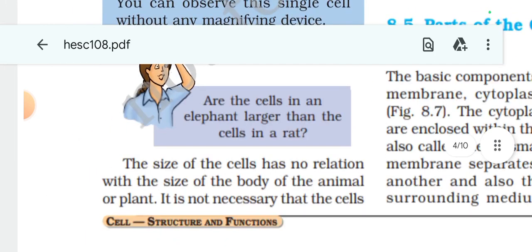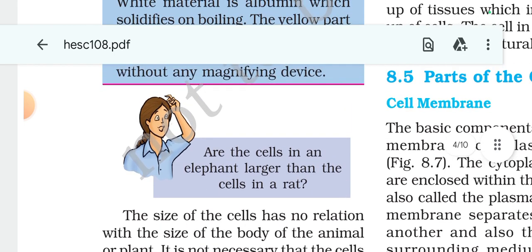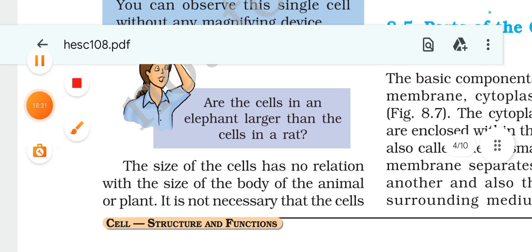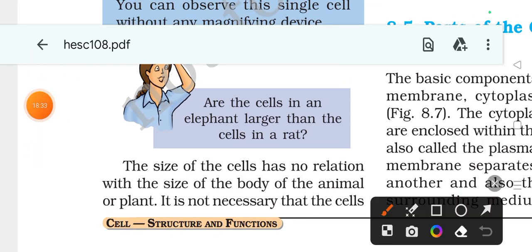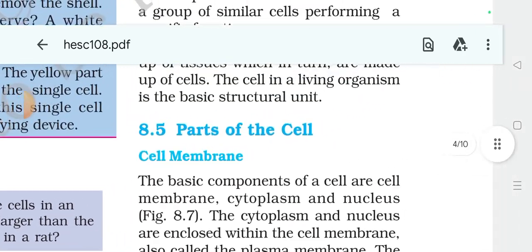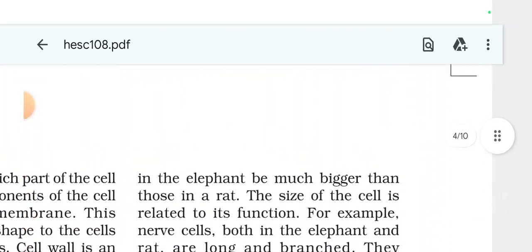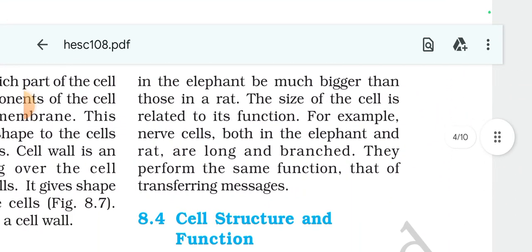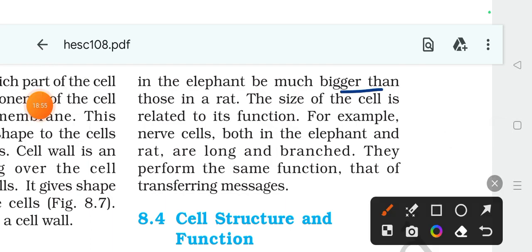Are the cells in an elephant larger than the cells of a rat? No. The size of a cell has no relationship with the size of the body of the animal or plant. It is not necessary that cells in an elephant should be bigger than the cells in a rat.